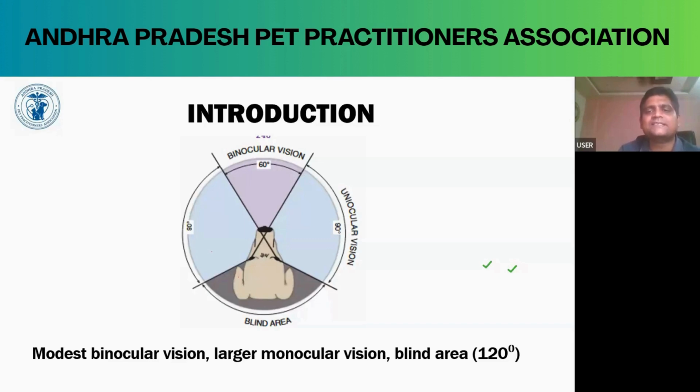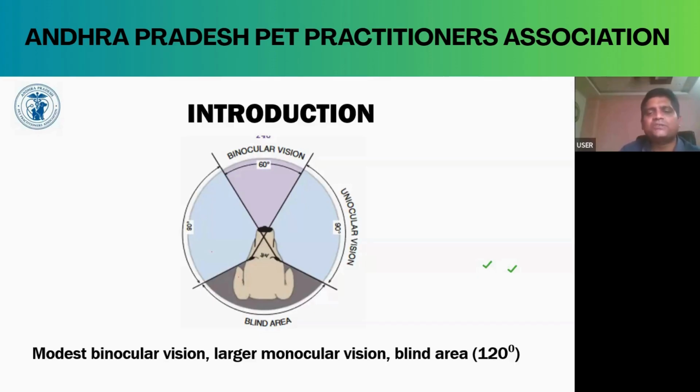Whereas with the 90 degrees, the left eye observes the left side as uniocular vision, and the right eye observes to the 90 degrees. The blind area is the area which the animal can't see whenever it is looking in a straight direction. Actually these degrees are related to the mesocephalic animal, that is Labrador or golden retriever animals.